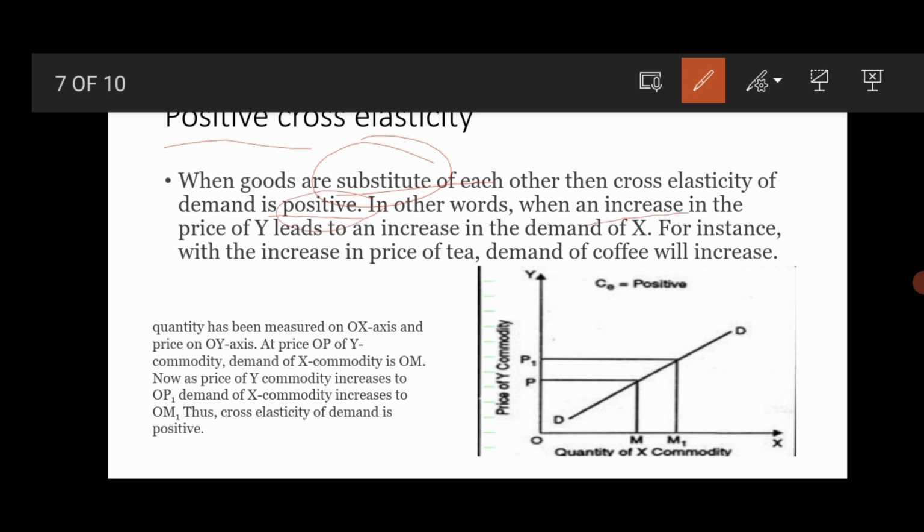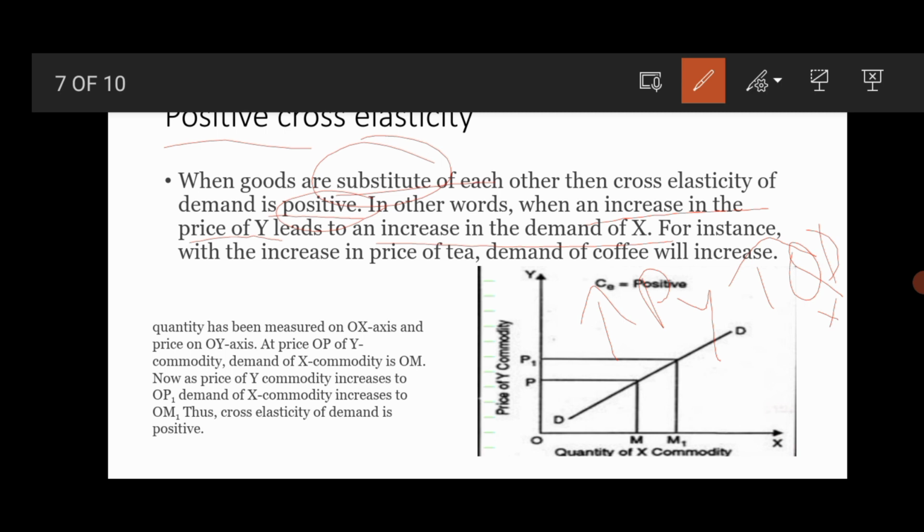Here, an increase in the price of Y leads to an increase in the demand of X. So when the price of commodity Y has increased, there will be an increase in the quantity demanded of X commodity. So that was said by this positive cross elasticity of demand.